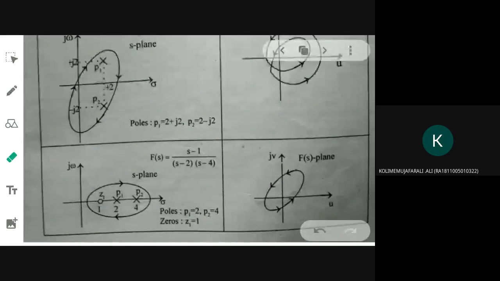So how many zeros and how many poles are you having in the S plane? One zero, two poles. Yes, one zero, two poles. So how many encirclements are you having around the origin in the F of S plane?